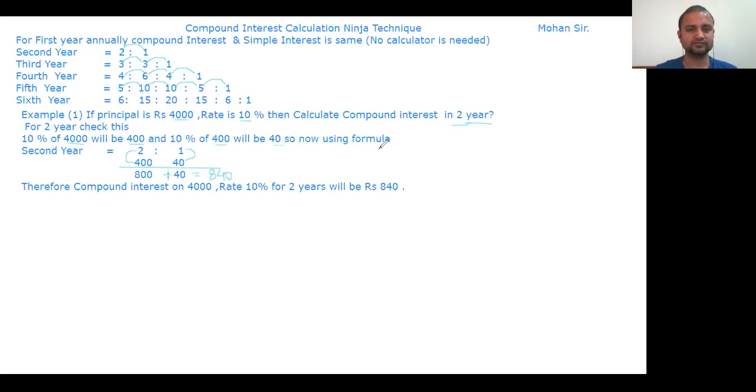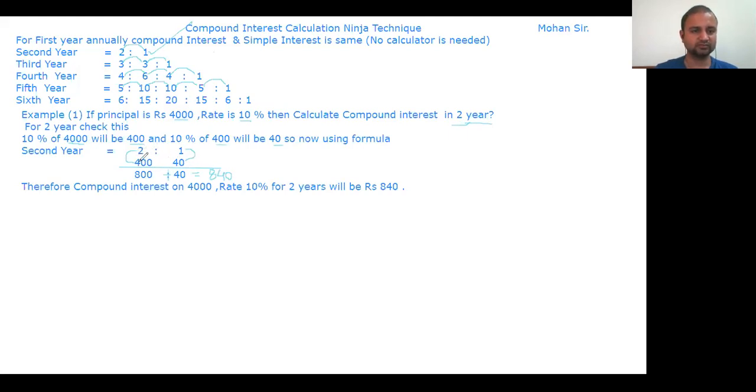Now using the formula we have seen here. What is the formula? 2:1. We write 2:1, and we have calculated 10% is 400, and another 10% will be 40.